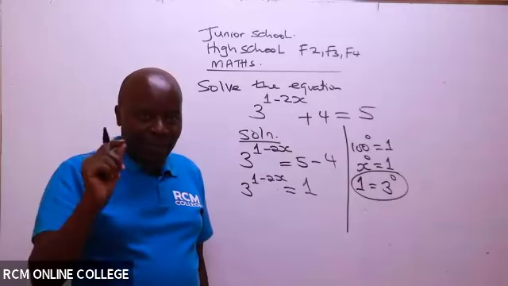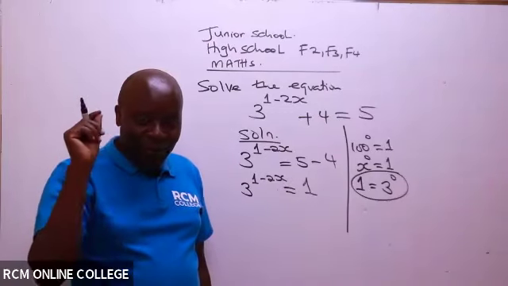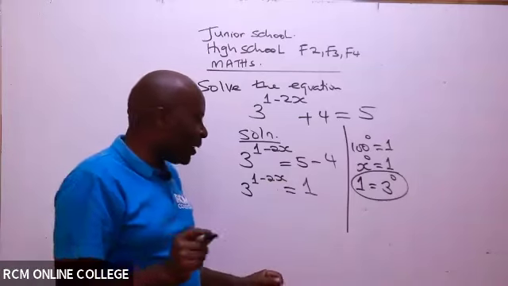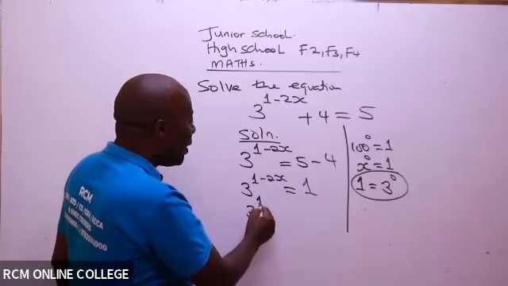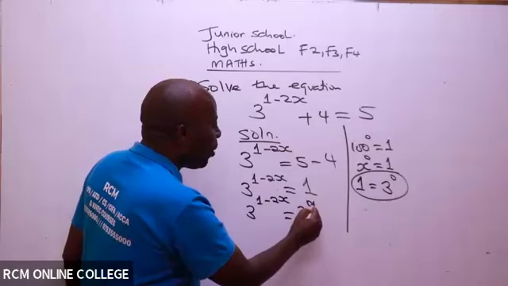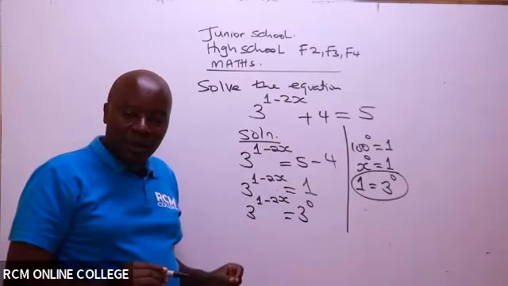Are we together? Please comment there. So then I can write 3 raised to 1 minus 2x equals 3 raised to power 0.